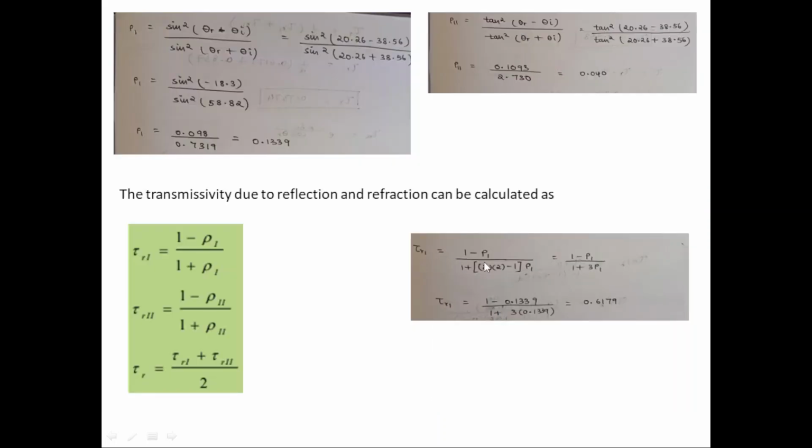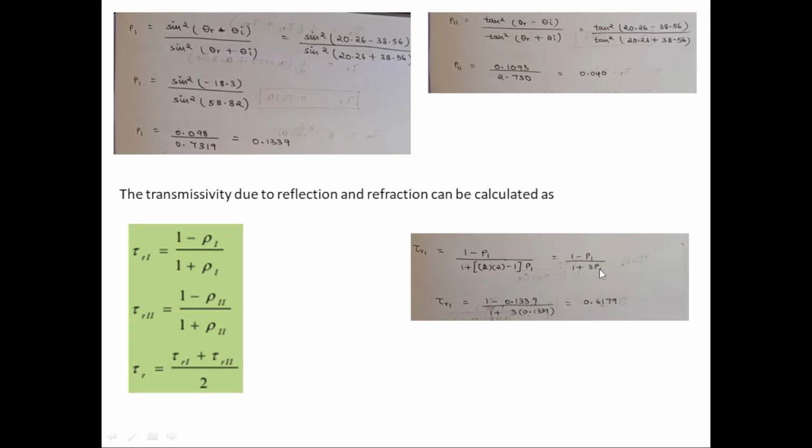We also discussed why here we have multiplied the value as 2 into 2, and why in the denominator it is 1 plus 3 rho 1, whereas in the other formula discussed during the video lecture it was only 1 plus rho 1.